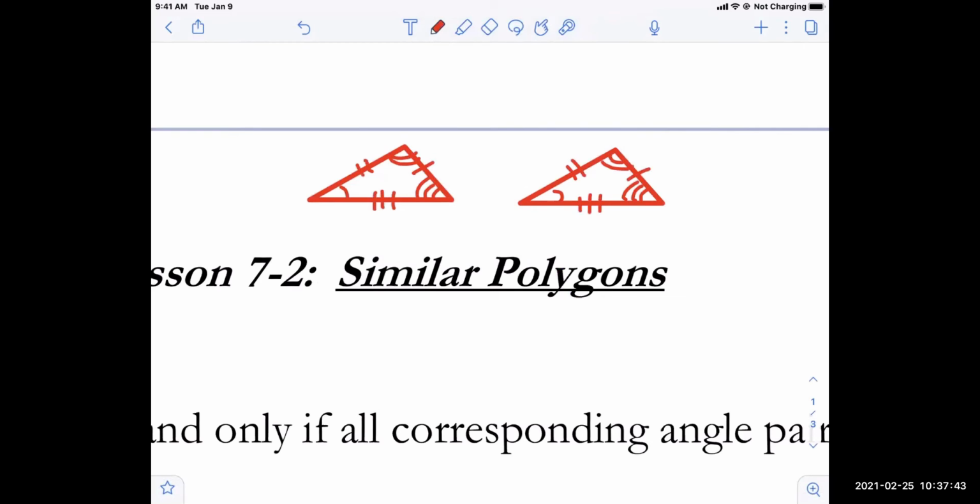So the question is, are they similar? Similarity means the angle measures have to be congruent and the side lengths have to be proportional. We know the angles match up to be congruent. Is it true that when you compare a side length here to a side length here, what's that ratio going to be?